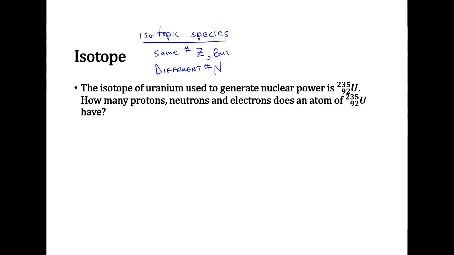They're both going to have the same number of protons, so they're going to behave in a similar fashion, but they're going to have a different number of neutrons. We'll look at a few examples in just a minute.